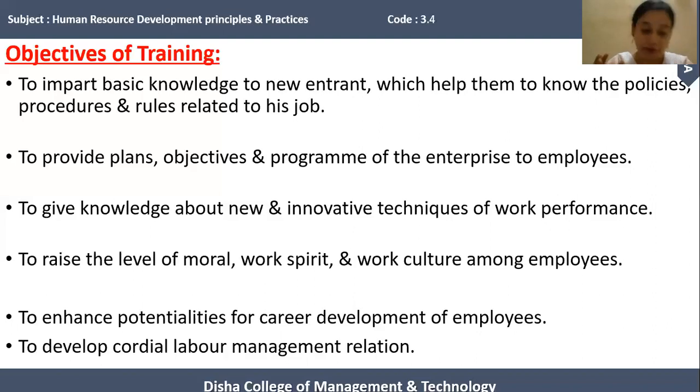So training fulfills the gap between the skills the organization requires and the skills the employees have.